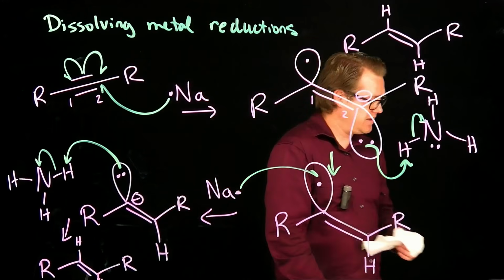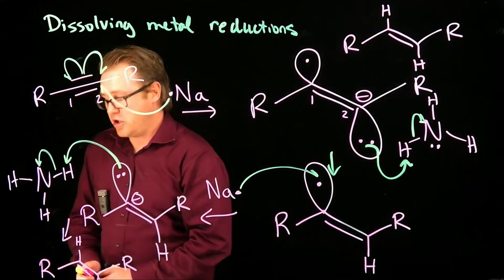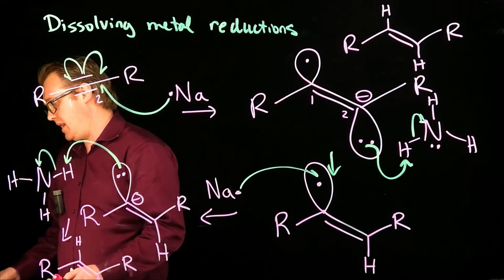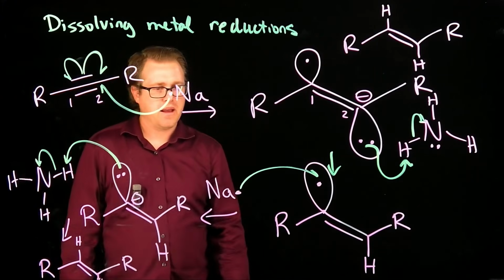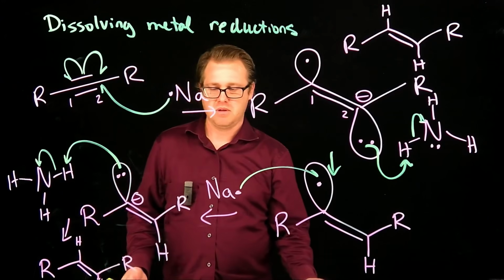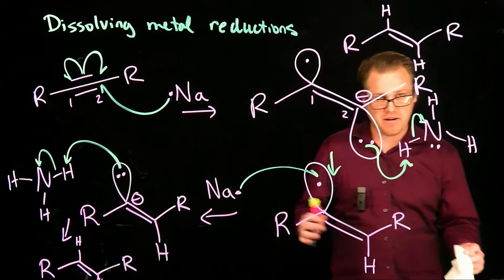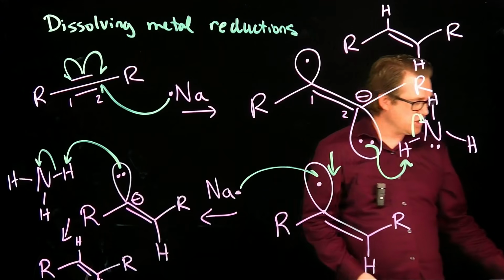And that's the mechanism. But now let's figure out, using these concepts, why does the trans alkene form? Okay. Well, it all has to do with repulsion. Let's take a look at 2 scenarios, and you'll see very clearly why this reaction gives us a trans alkene.